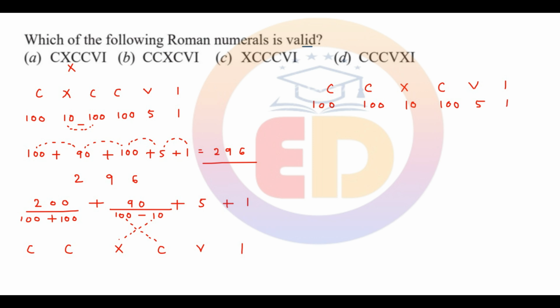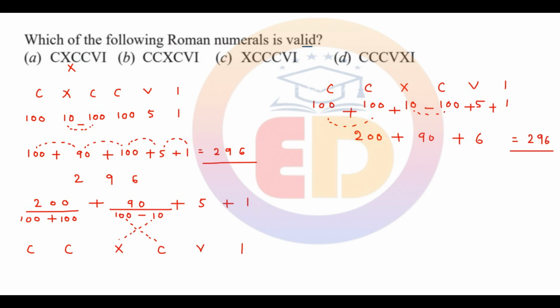This is 1. 100 plus 100, this will be added. 100 plus 10 will be added, but this 10 minus 100, this should be subtracted, and then this 2 should be added. So this is 100 plus 100, 200, plus this should be subtracted, so 10 minus 100, this is 90, plus 5 plus 1, this is 6. So total value is 296.